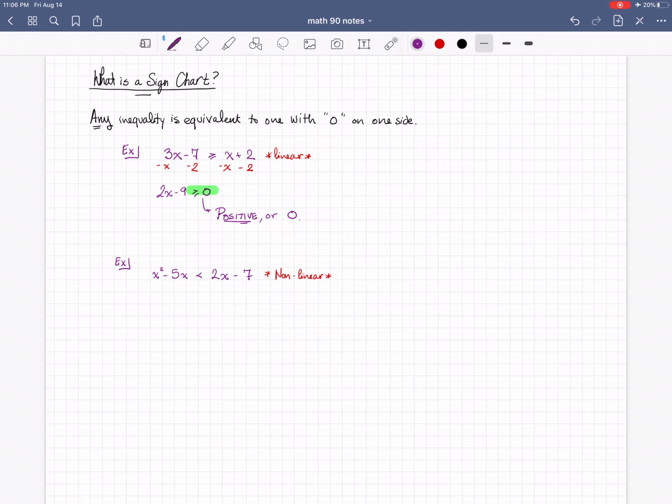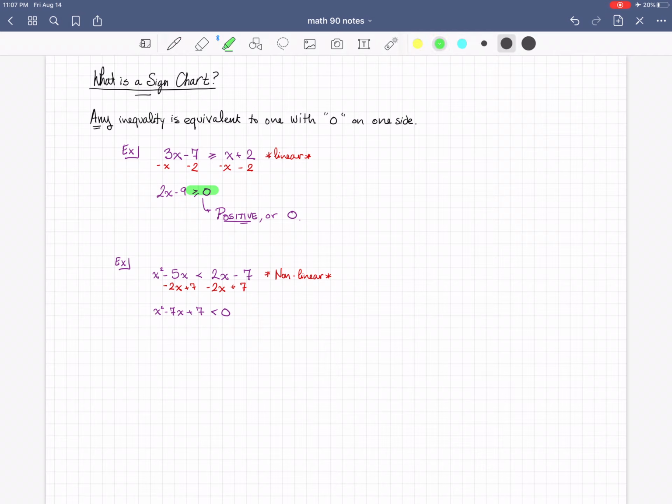So let's do the same thing we did in the previous example here. We're going to subtract 2x from both sides, and we'll add 7 to both sides. That gets us x squared minus 7x plus 7 is less than 0.